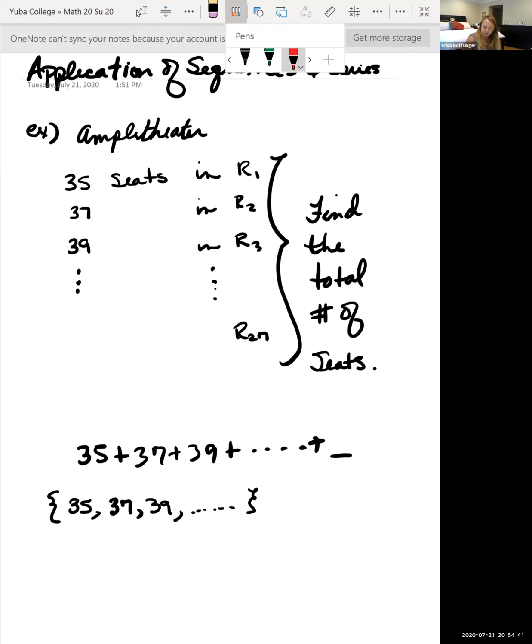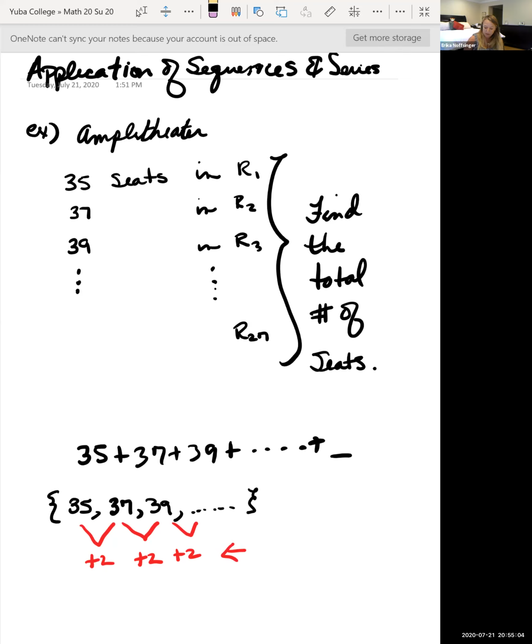So notice to go from one term to another, you're summing 2. One term to another, you're summing 2. One term to another, you're summing 2. So because this is a common difference, or a constant, you're adding the same thing to get to the next term.